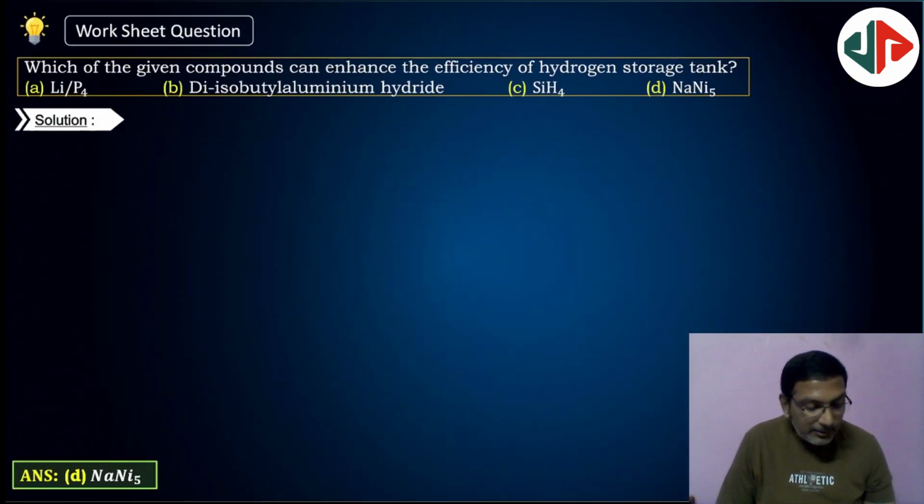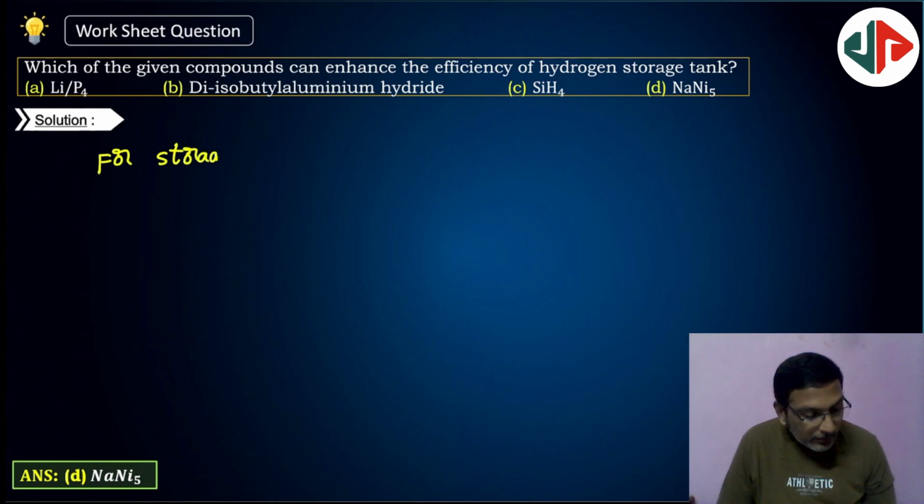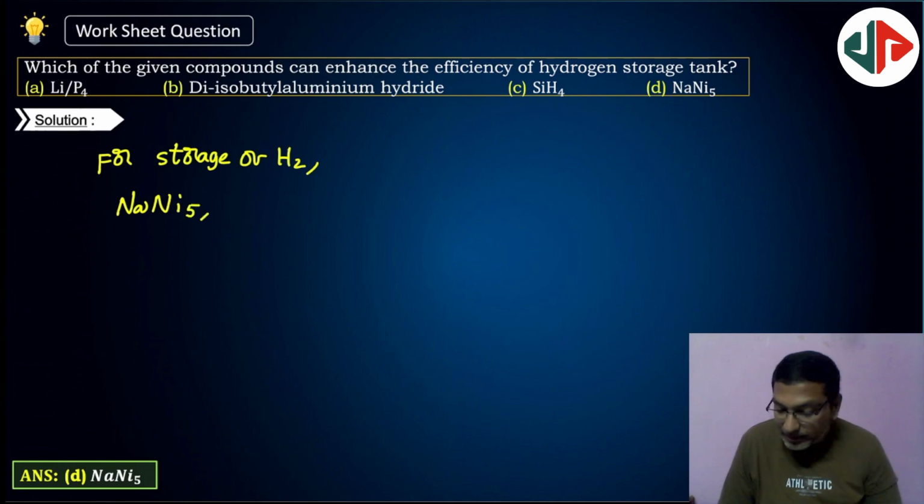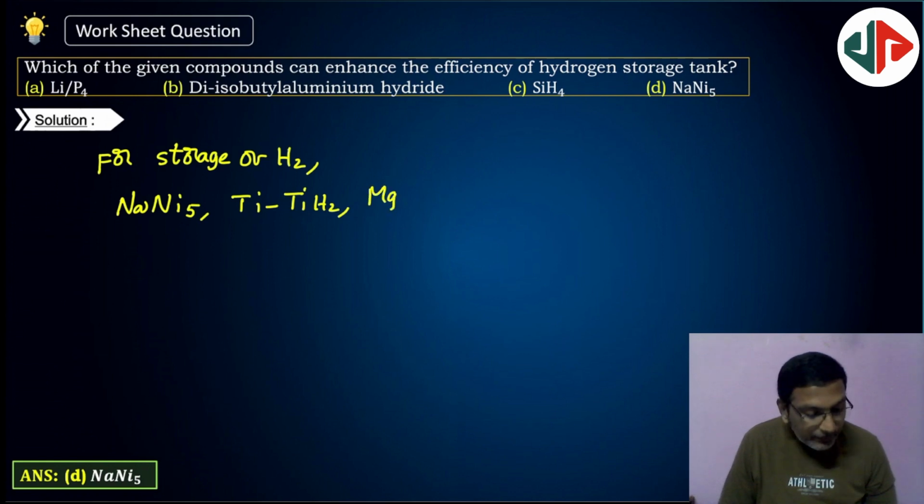Which of the following compounds can enhance the efficiency of hydrogen storage tank? So hydrogen storage tank, for storage of hydrogen, the compounds that can be used are NaNi5, these are alloys. Ti, TiH2, next Mg, MgH2.